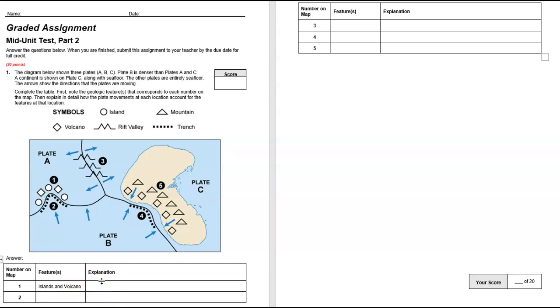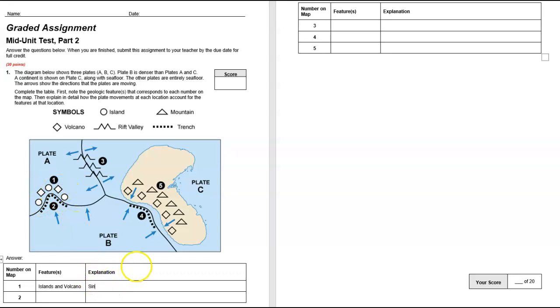For explanation, you just need to tell me how plate B and plate A had to move in a way that created these features. And it tells you already that plate B is denser than plate A, and the plate that is more dense will slide under the plate that is less dense. And when that happens, you'll have islands that pop up, usually due to volcanic activity.